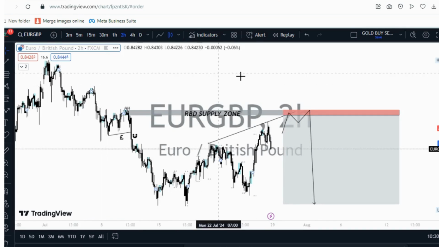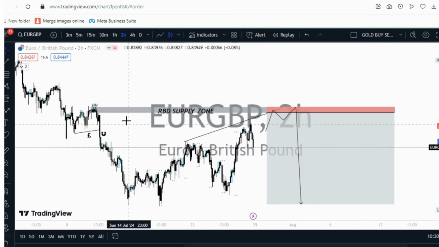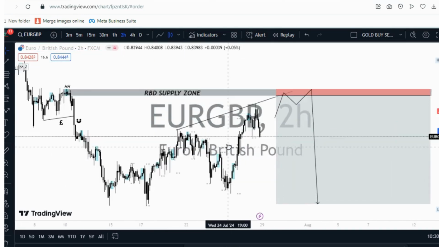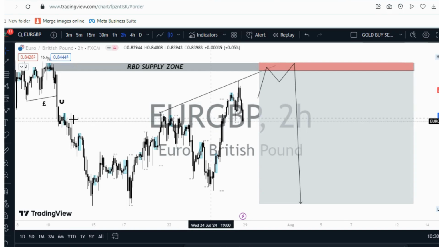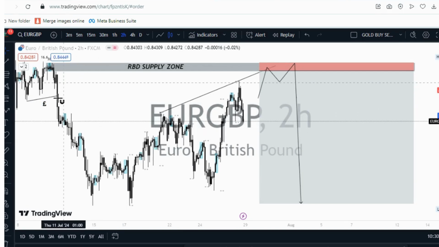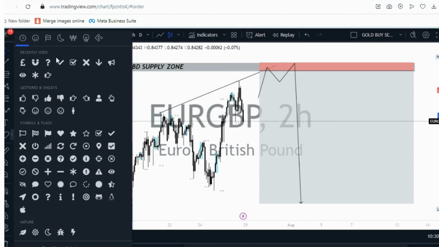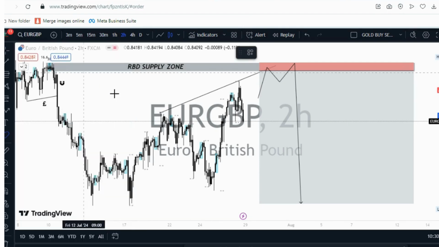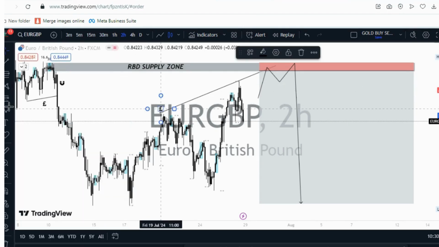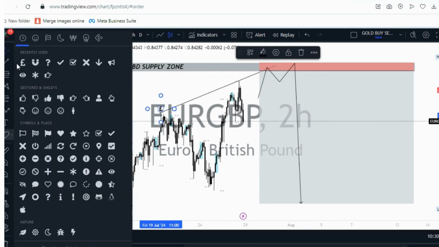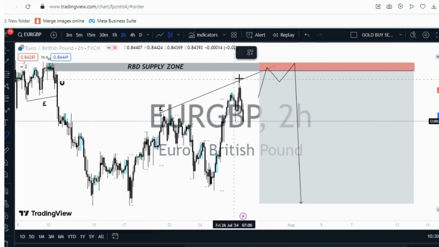So this makes our second setup for the coming week. We have a rally based drop supply zone. We've got big momentum candles right here, which is a plus. We have a break of structure. And then we have a trend line liquidity which is being formed, right? So we have one touch, and then a second touch right here.